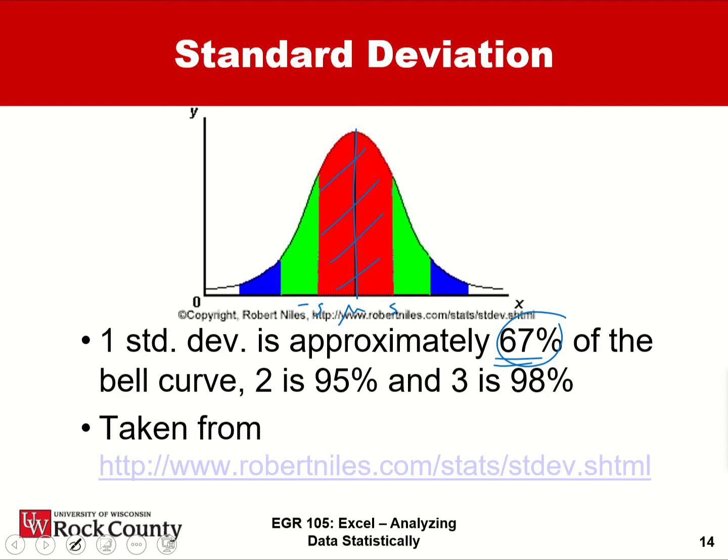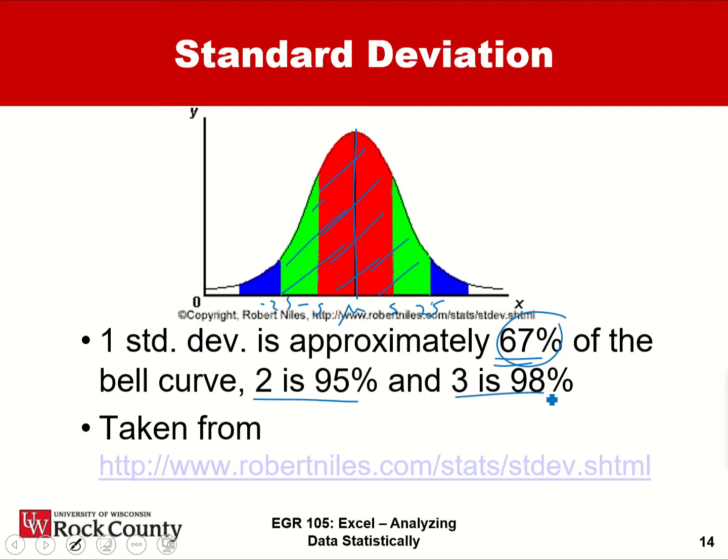If I look at two standard deviations, or 2 times S, and a minus 2S, that's the green section and the red combined. That means that 95% of the class should fall in that range. If your exam is not within that range, you're higher than that, then you're in the above section.